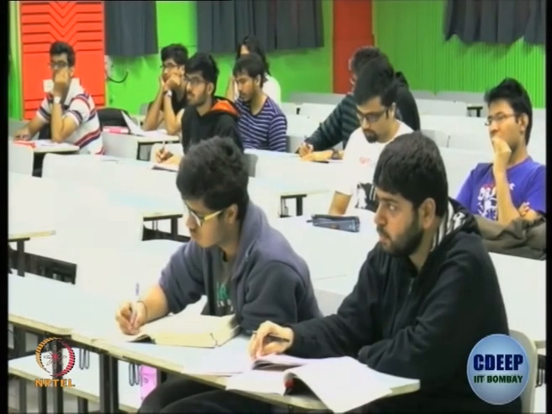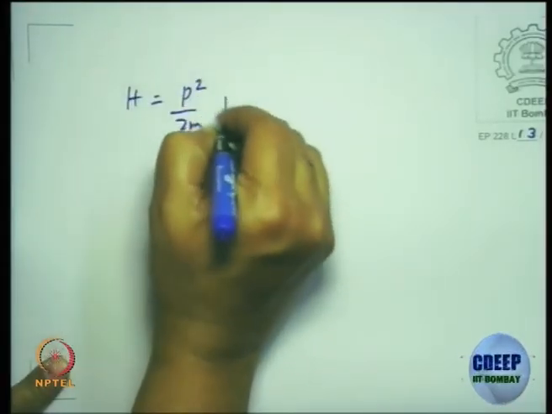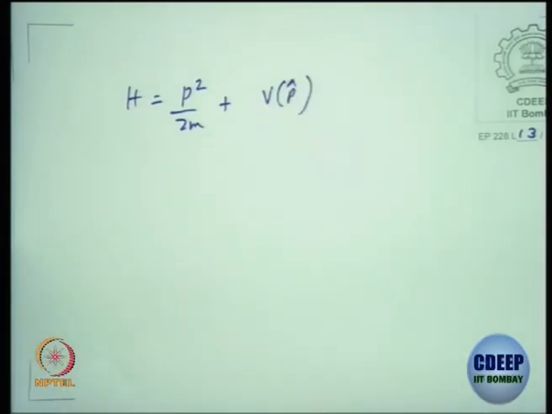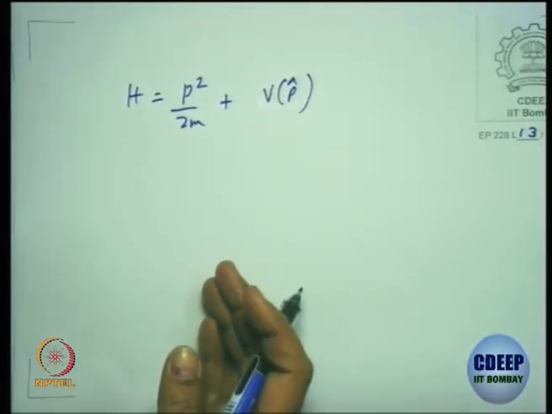Which basis is convenient to work? Momentum, right? Suppose I had a Hamiltonian which is p squared over 2m plus v of p, then you can work in the momentum basis.